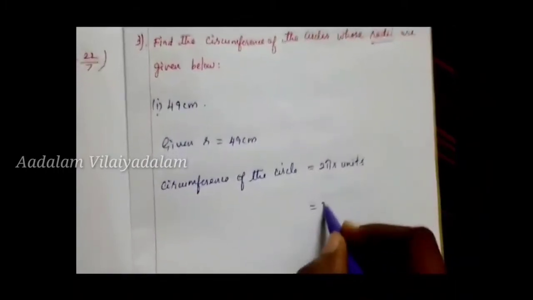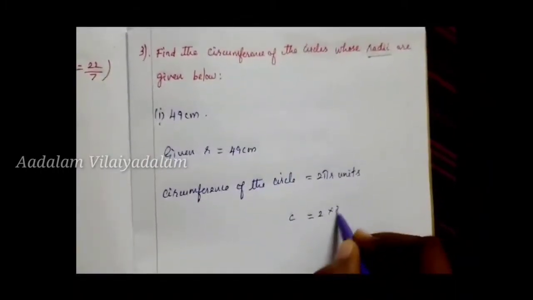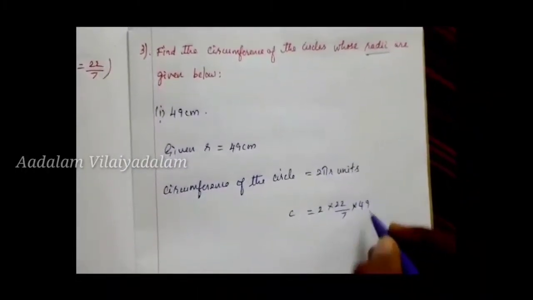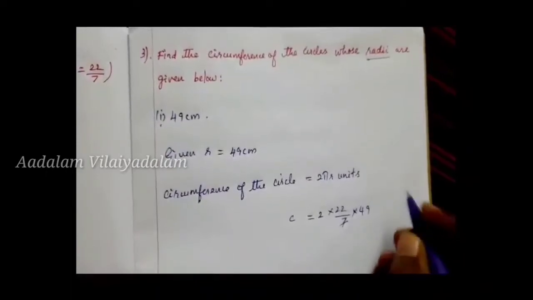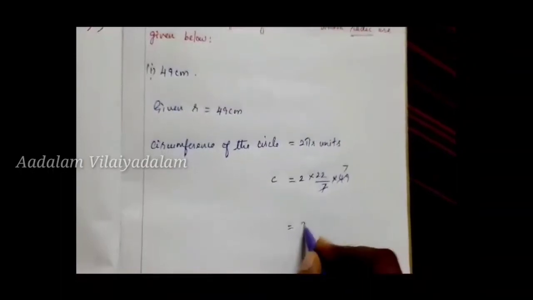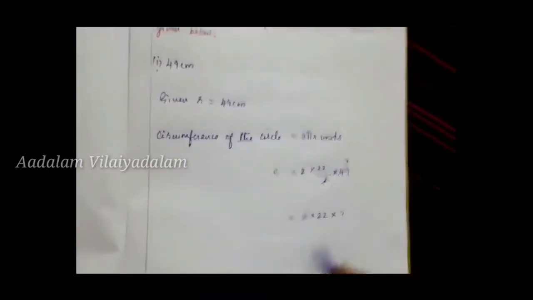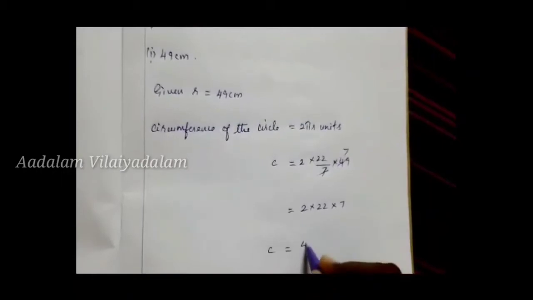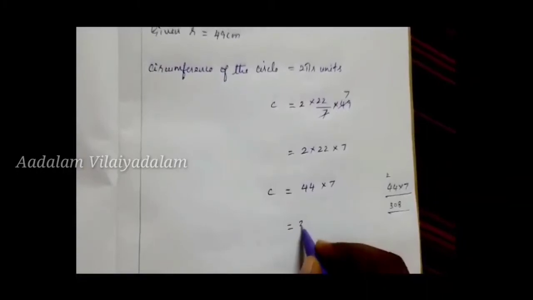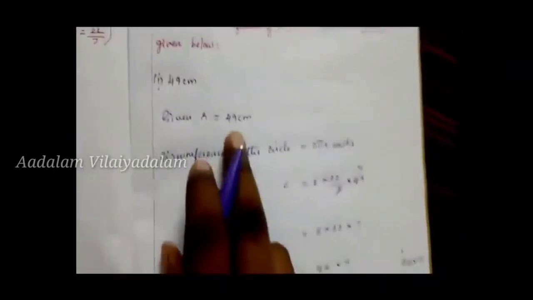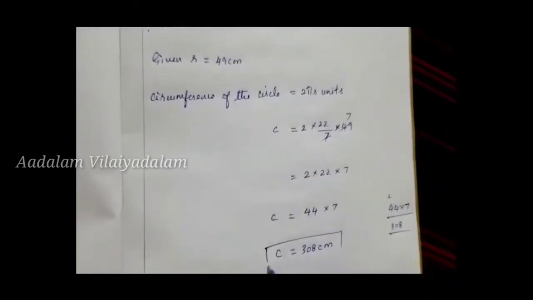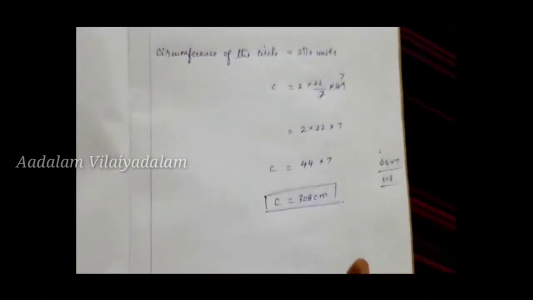Here the pi value is 22 by 7. Then the r value is 49. If we cancel it by 7 table, then we get 7 sevens are 49. Then multiply the remaining values. Therefore, 44 into 7, 308, and the given unit is centimeter. So put C equal to 308 centimeter.